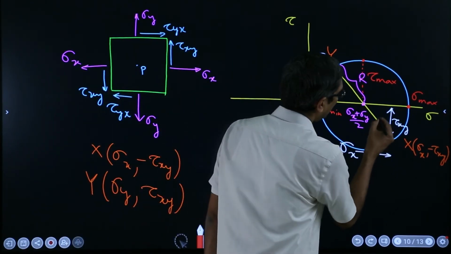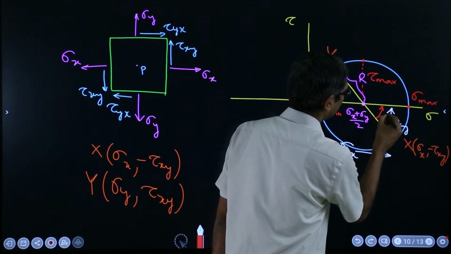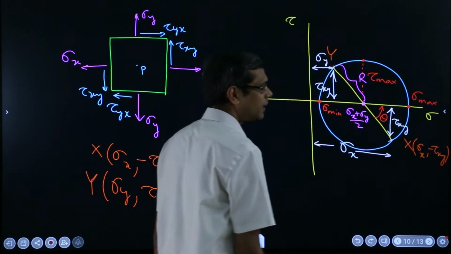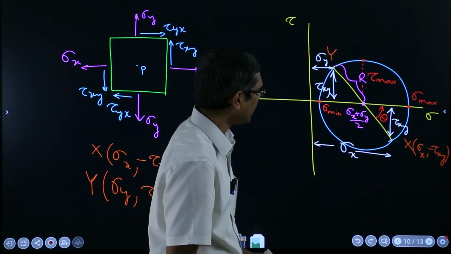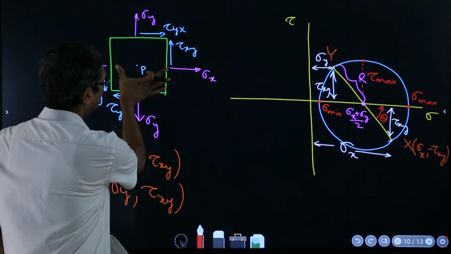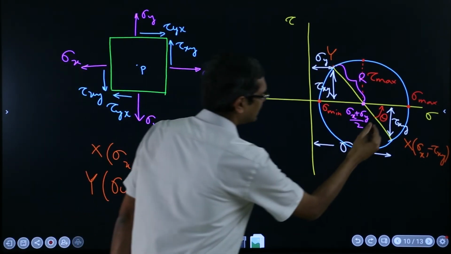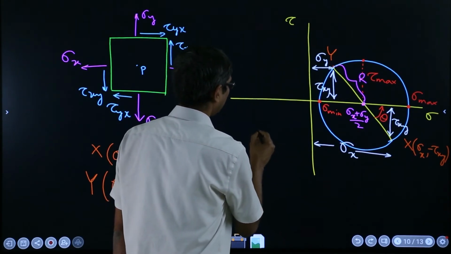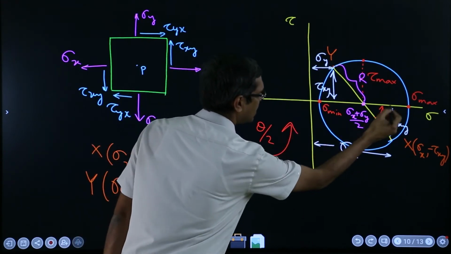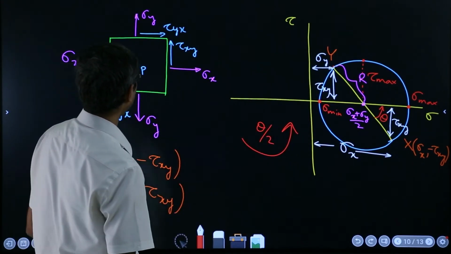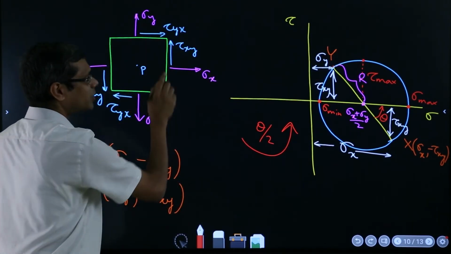So see this. If you measure this angle, suppose this angle is theta. What this tells you in English is, if you rotate this axis by theta over 2, in this direction, in this case counterclockwise, then you will reach the plane where the principal stresses are occurring.